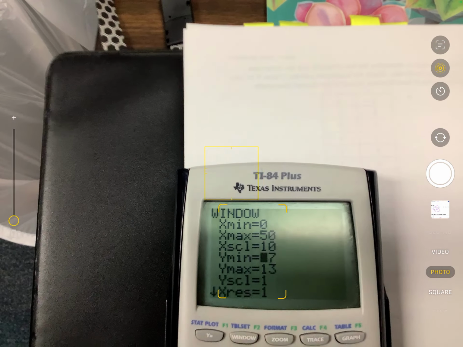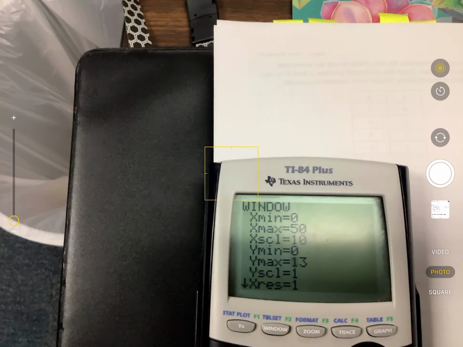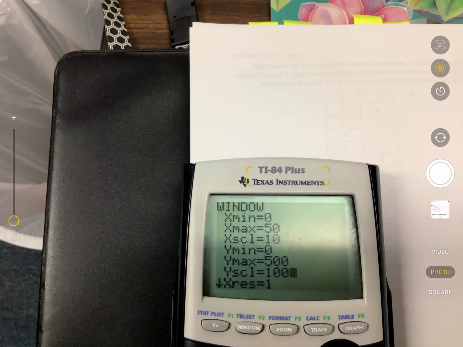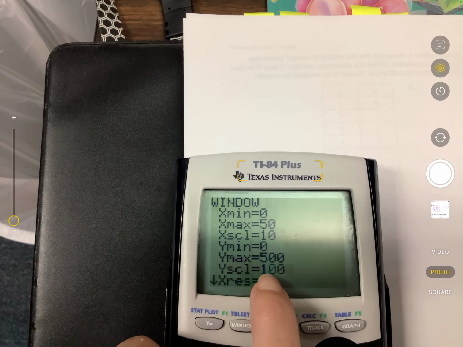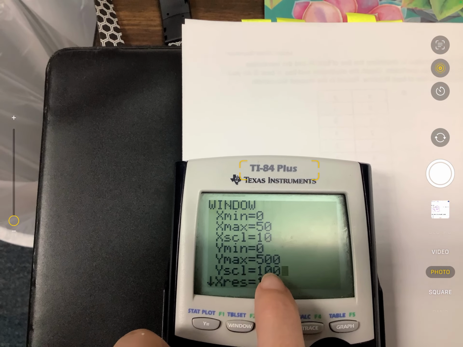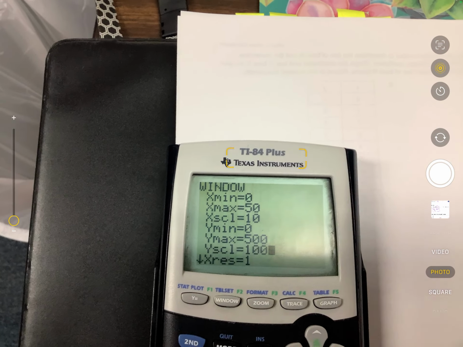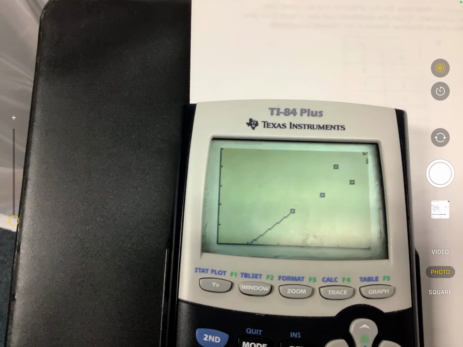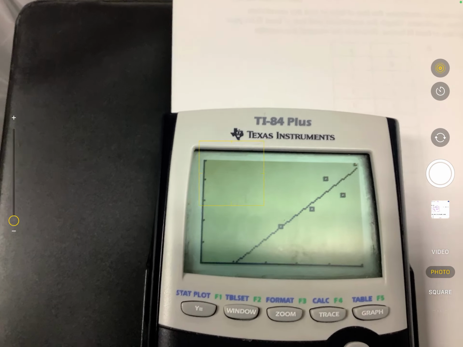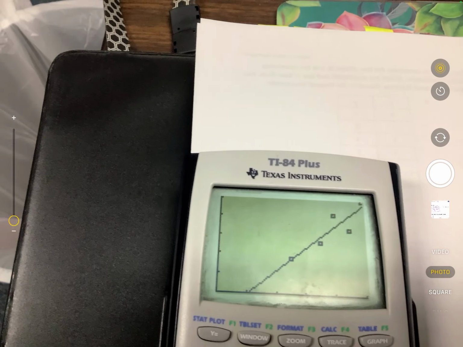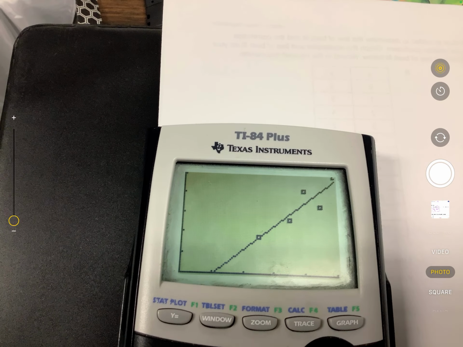And then we started at 0, we went to 500. Remember, I increased by 100. So your scale, that means how many increments. So each increment is 100. Each increment on the X was 10. So that's how I graphed it on my paper. Notice it's going through, and it's really close to those points around it.